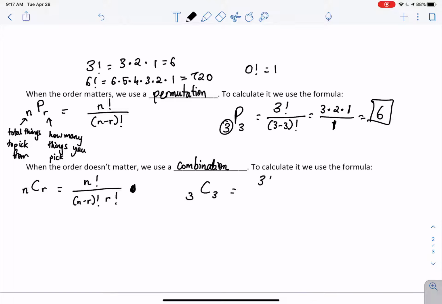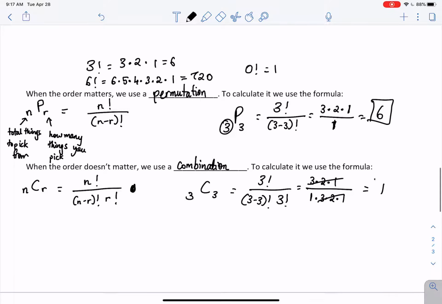I go 3 factorial, n factorial on the top, and then 3 minus 3 factorial for the n minus r, and then r factorial, which is another 3 factorial. So 3 times 2 times 1 divided by 0 factorial, which is 1, times 3 times 2 times 1. The 3 times 2 times 1 cancels. I just get 1 at the end, which is our 1 bowl, which makes sense from our drawings of this.